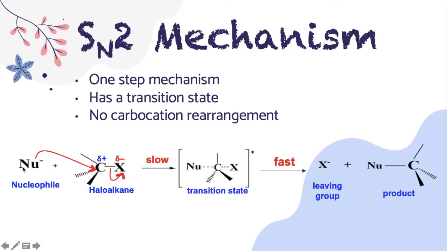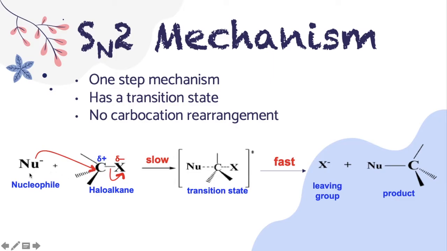So the first step is the nucleophile attacks the delta plus carbon in the haloalkane, because we know that halogen is more electronegative than carbon. So halogen is delta minus, carbon is delta plus. This makes the haloalkane carbon an electrophilic site.